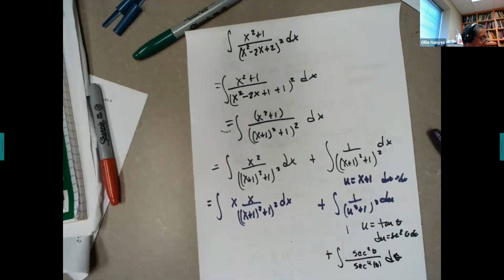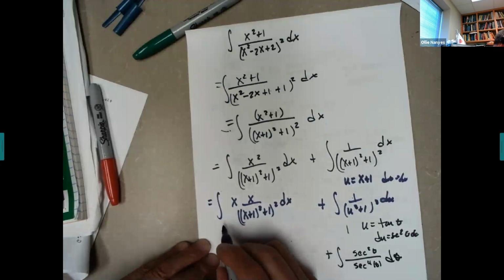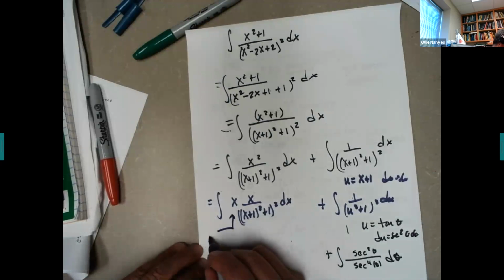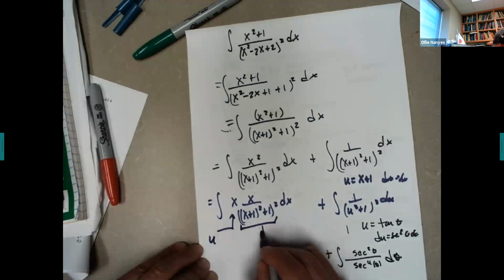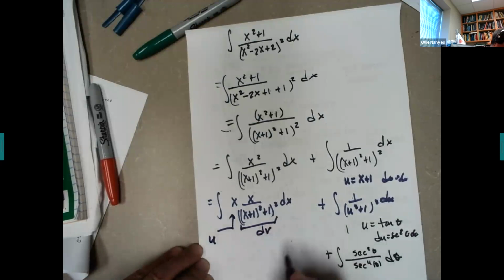And you know what? Rather than do an integration by parts, I might make the same substitution here. It's sort of going in circles. So here, I'll just go ahead and do the parts. U, dv.